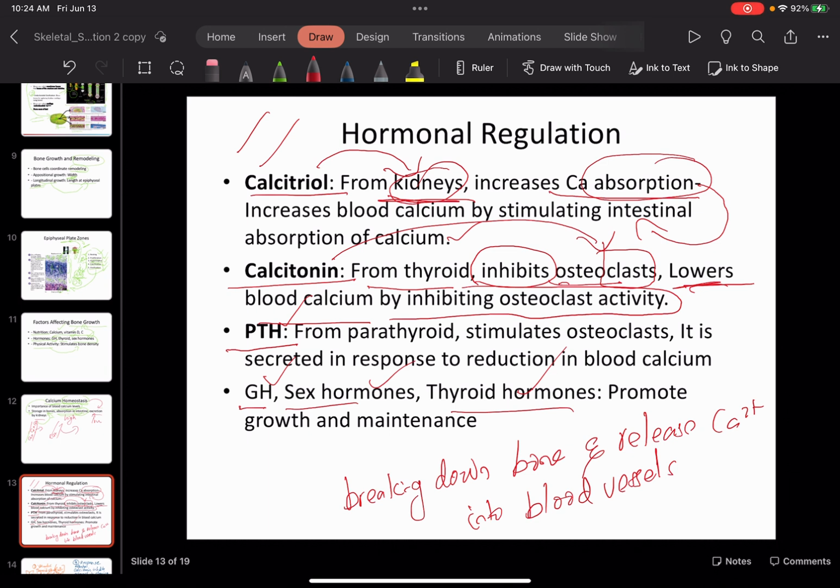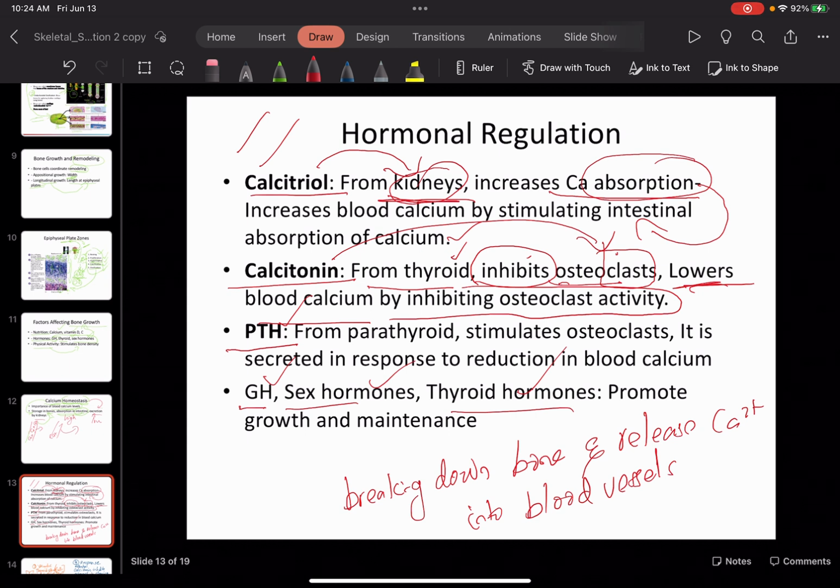Then also calcitonin, this is produced from the thyroid gland, which inhibits the osteoclasts. It's like the opposite of each other. So if you have too much calcium, calcitonin is produced by the thyroid, which will stop it. Inhibits means prevent osteoclasts.